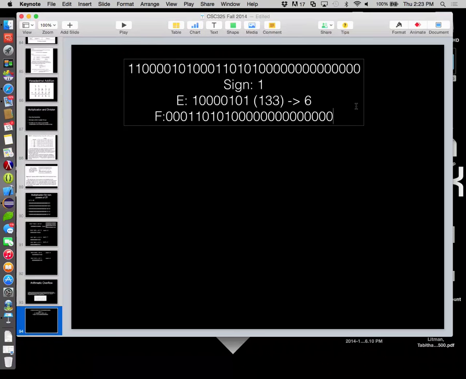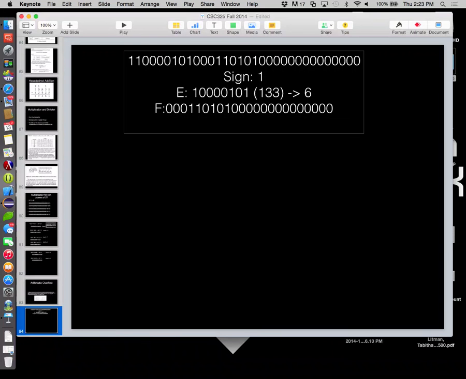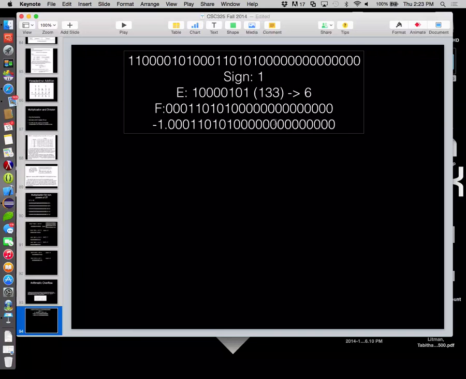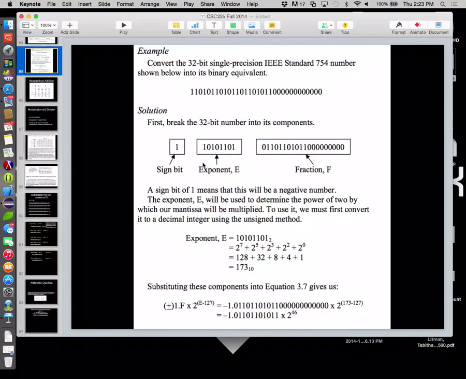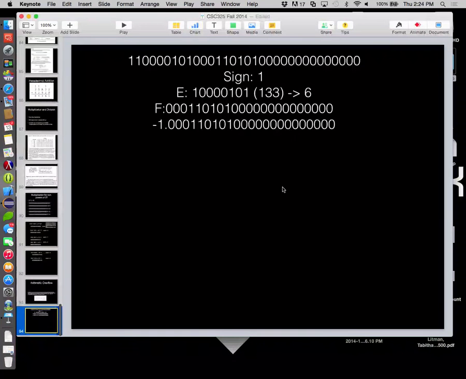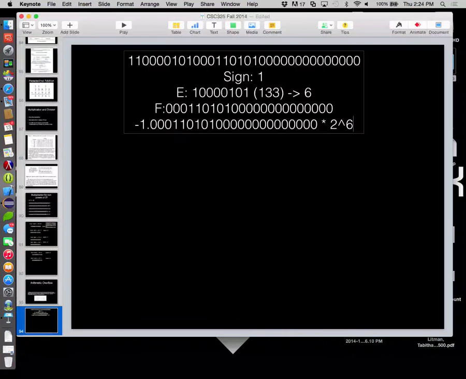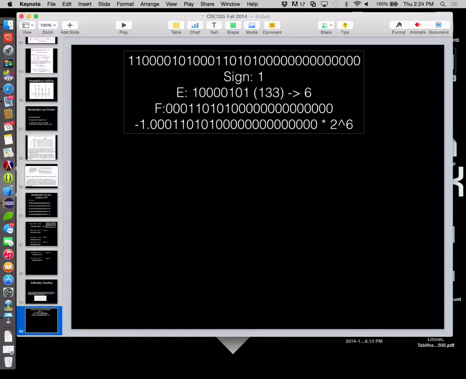So the final answer is negative 1 point, this value, times 2 to the 6th. Look right?